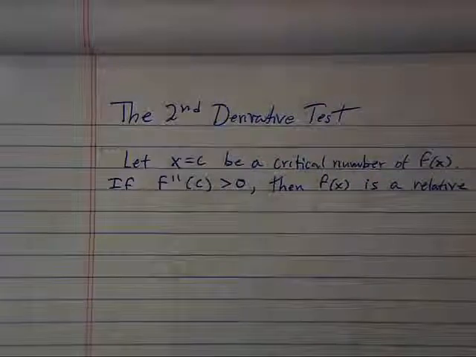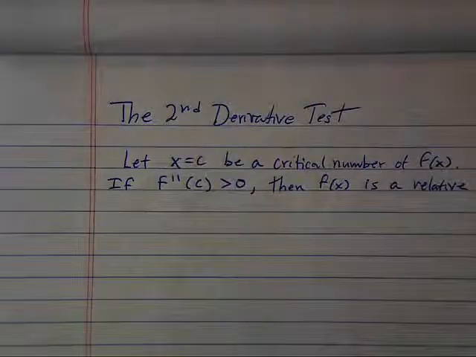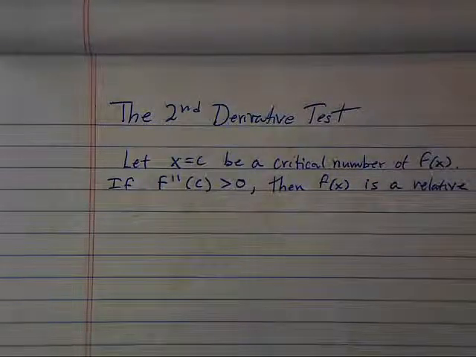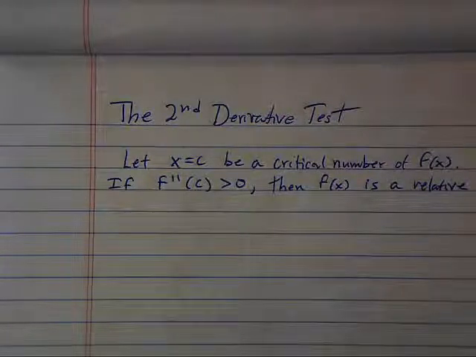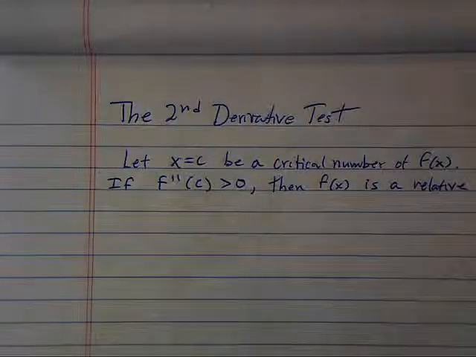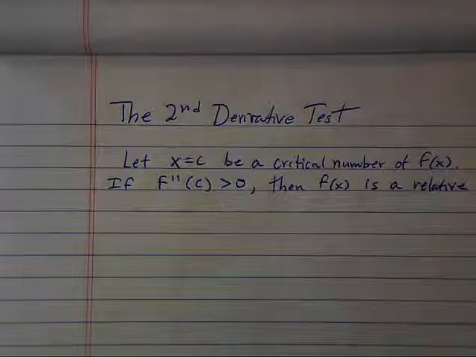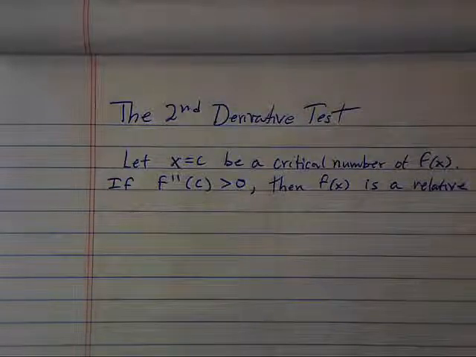Would it be a maximum or a minimum? Second derivative is positive. Are you going to have a maximum or a minimum? Very good. Most people, when they first see that, they guess maximum. Second derivative is positive, they say maximum. But you're right, it is minimum.